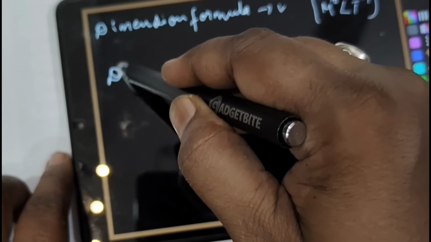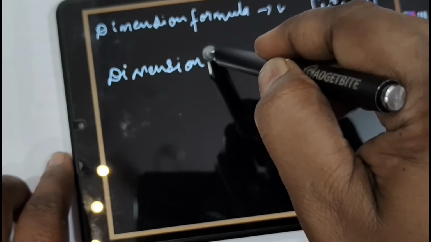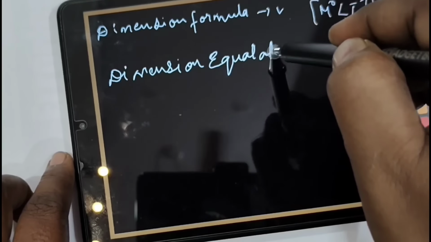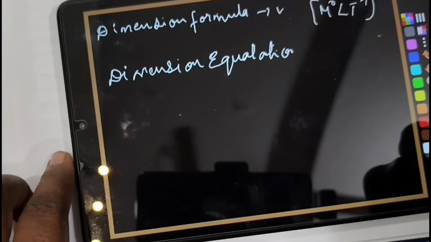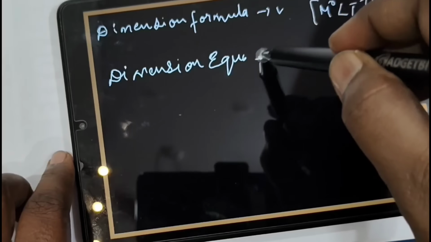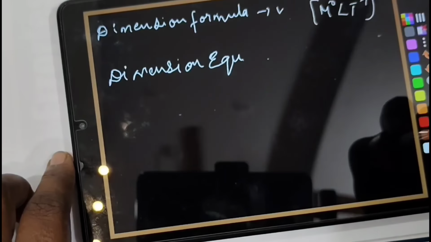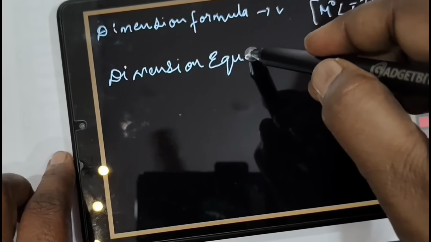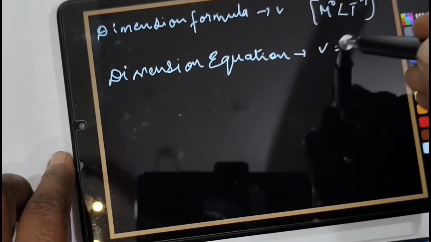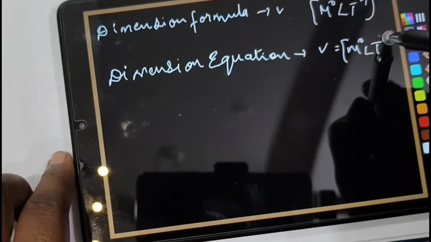And the dimensional equation is, I will show you. So there should be a LHS and RHS in the equation. So velocity is equal to M naught L T raised to minus 1.